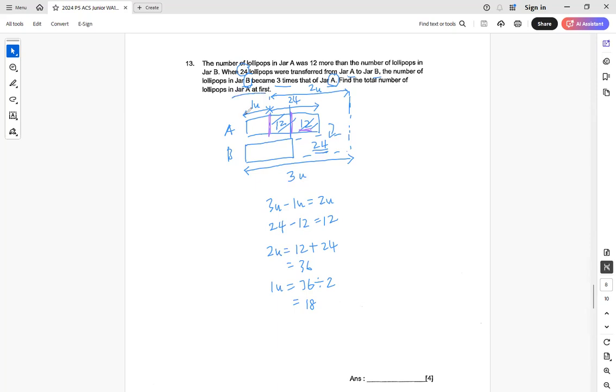So jar A at first comprises 1 unit and 24. The 1 unit I've already found is 18, so I just take 18 plus 24. I will get my answer, 42. Okay, so that's the answer for question 13. All right, so that's all for this paper. Thank you.